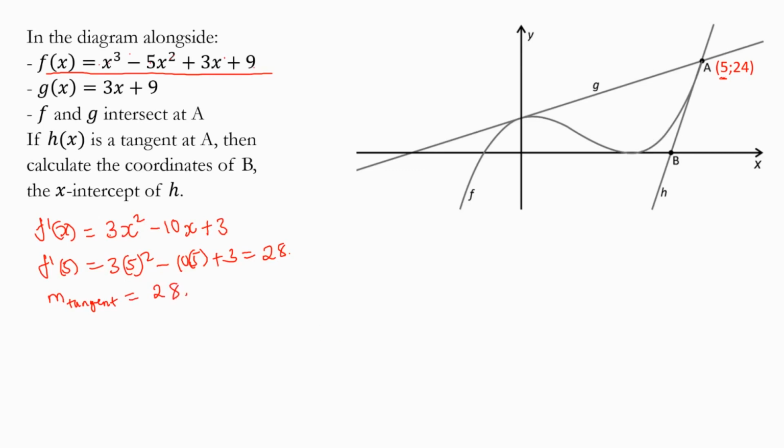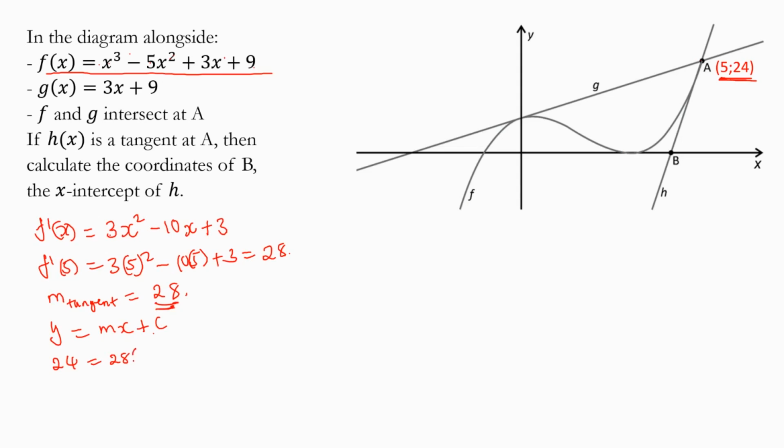We have the gradient of the tangent, the straight line, and a point on the graph. So we can use our equation, y is equal to mx plus c. We have y. y is what? 24. y is in the coordinates of A there. 24 is equal to m. m is 28, the gradient.